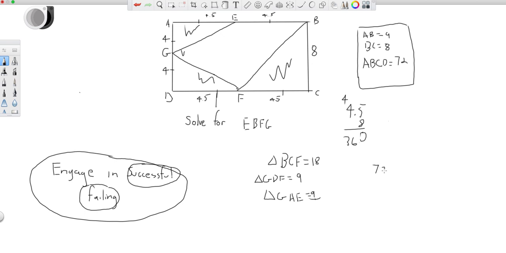So 72 minus 36 is equal to 36, and 36 is the area of EBFG. And there we go. We have solved our problem through engaging in successful failing.